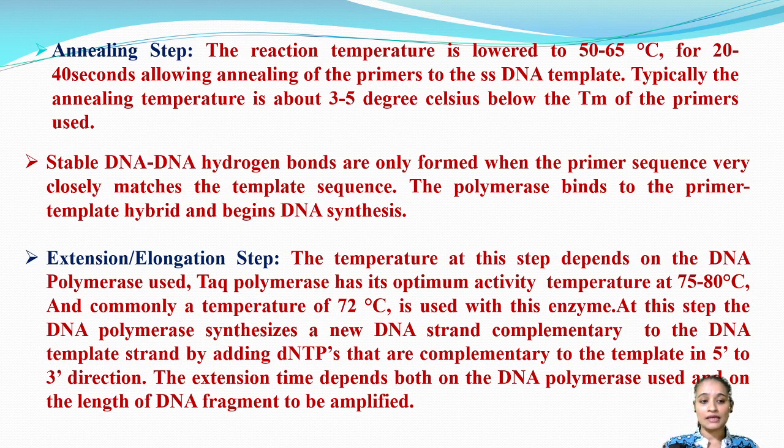At this step, the DNA polymerase synthesizes a new DNA strand complementary to the DNA template strand by adding dNTPs that are complementary to the template in the 5' to 3' direction. So in the elongation step, our dNTPs are added for DNA extension. The extension time depends both on the DNA polymerase used and on the length of the DNA fragment to be amplified.